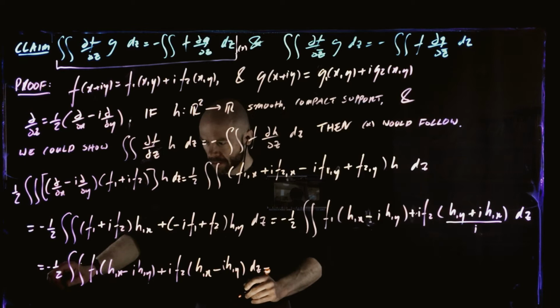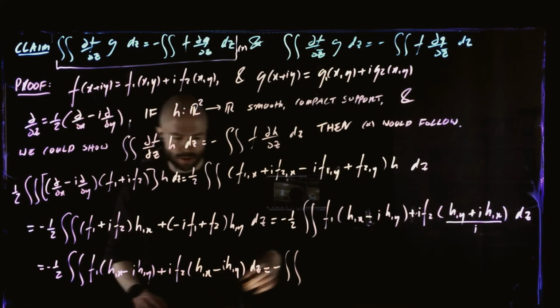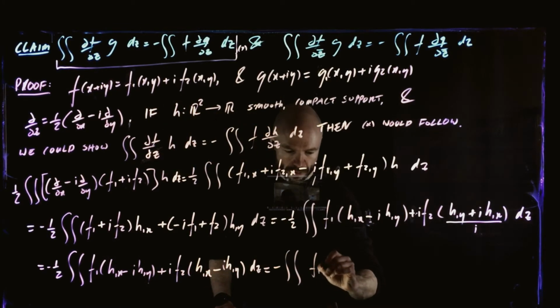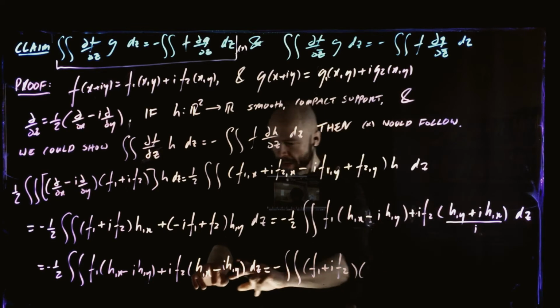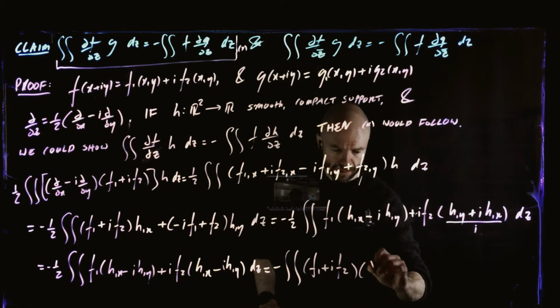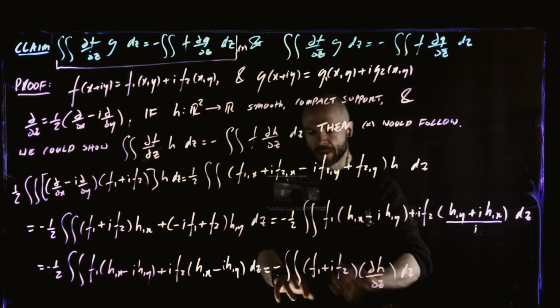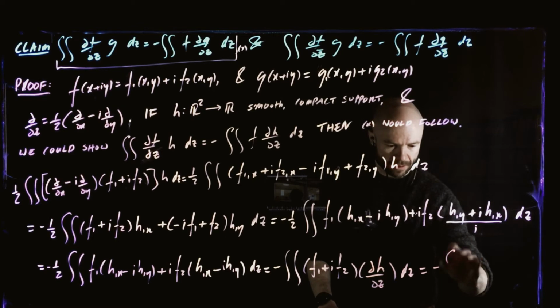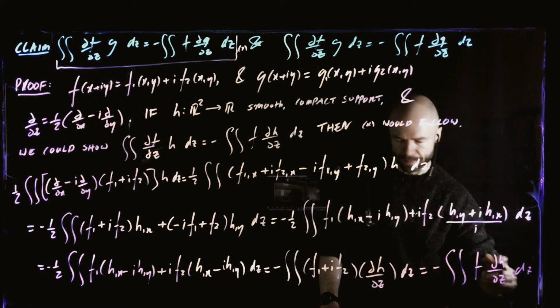Let's put this half through, and then we're going to have minus the double integral of f1 plus i f2, like this, and then here, if we take the half out, we're going to have exactly the Wirtinger derivative, dh by dz, like this, dz, and then this is exactly what we want, so this is minus the integral of f dh by dz, dz.